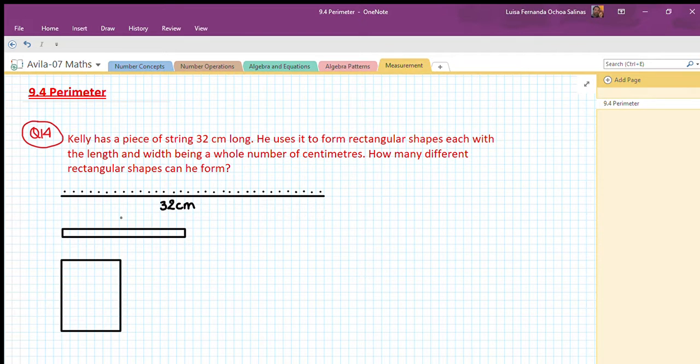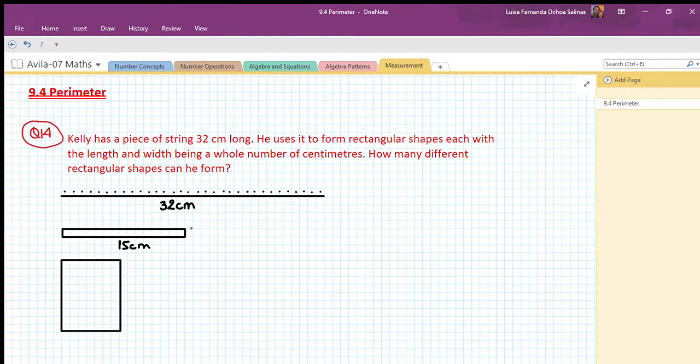So this is what I want you to think. If this is a piece of string, I can fold it and create different rectangles of different lengths and widths, okay? So one of the ones that I created here is this one that is 15. Let's count 1, 2, 3, 4, 5, 6, 7, 8, 9, 10, 11, 12, 13, 14, 15. So it has a length of 15 centimeters, agree?